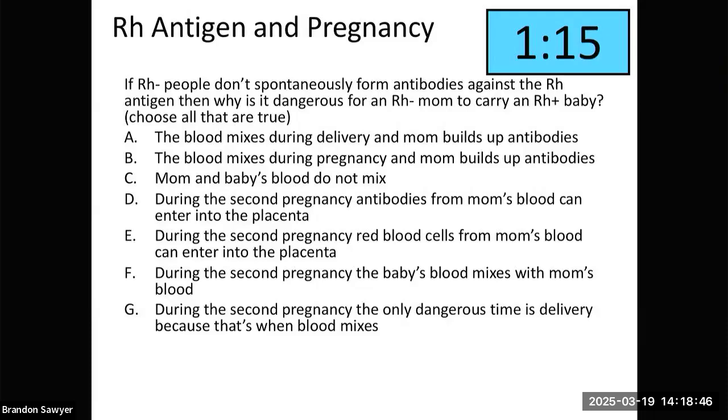So the blood during the delivery, and then the mom feels like it's that one.